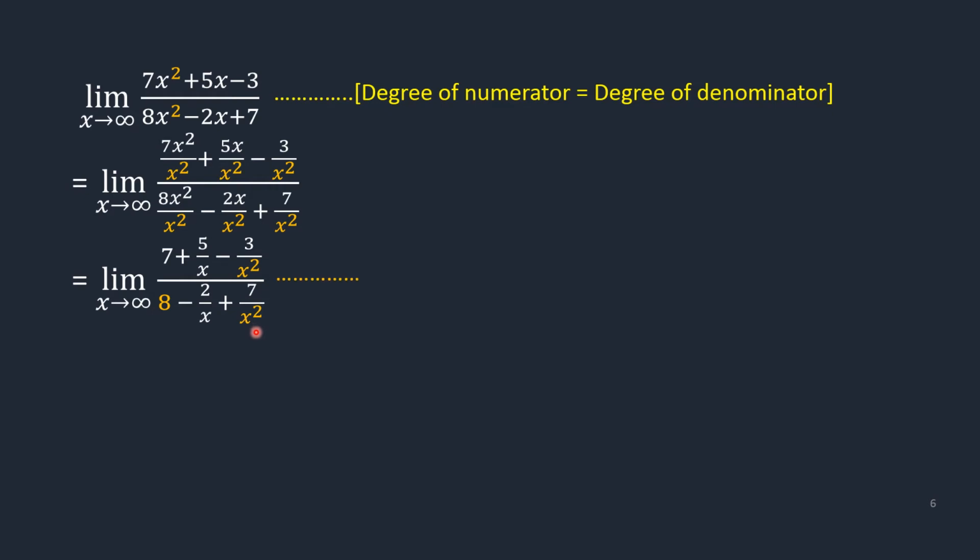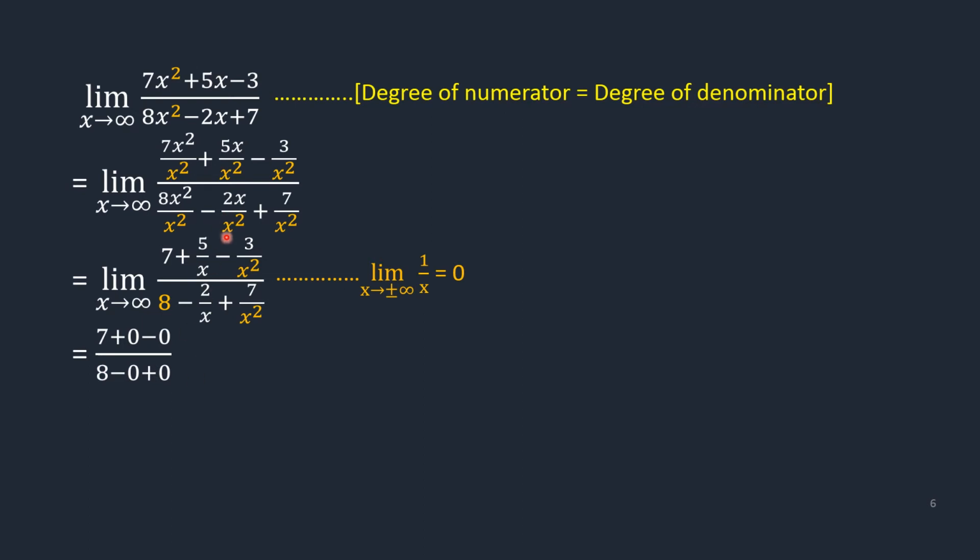Now we know that the limit of 1 over x as x approaches plus or minus infinity is 0. Therefore, the limits of 5 over x, 3 over x square, 2 over x and 7 over x square will become 0 each, and that we will write in our next step.